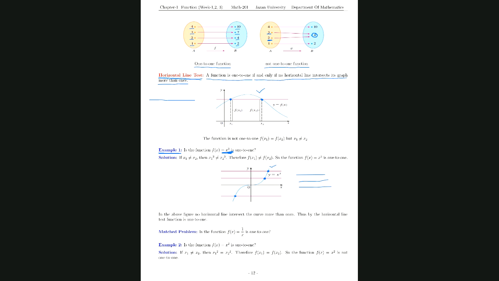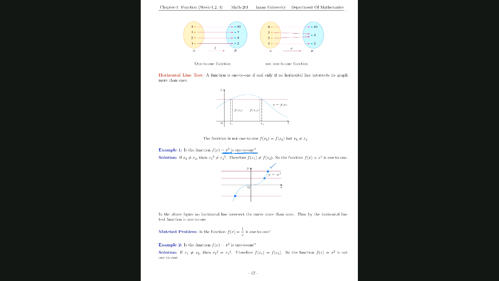But here see, this horizontal line cuts the graph at 2 points, so it is not a one-to-one function. But this is a one-to-one function, this x power 3, this graph. Why? Because every horizontal line cuts the graph at only one point, right?